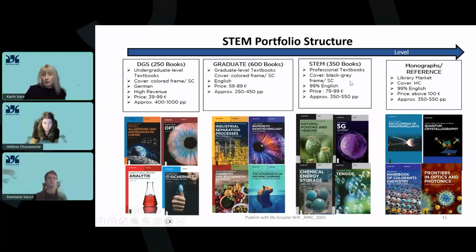And then we have monographs, reference works, encyclopedias, handbooks, which are targeted at the library market. Whereas these ones are targeted at individual customers, and this is also mirrored by the pricing. So the pricing of these books should be below 100 euros, whereas these ones are more expensive.